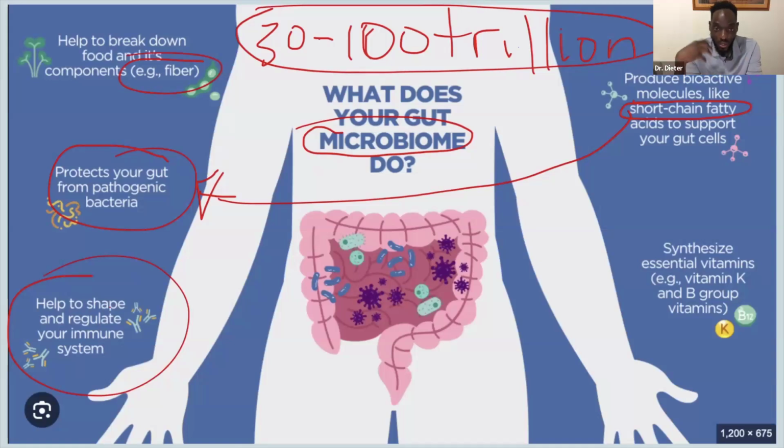The other 30% resides in the bone marrow, the lymphatics, the lymph nodes. So this 30 to 100 trillion bacteria that reside in the gut have one very important function: to train the immune system on how to react. The immune system is our defense line. So when the microbiome is healthy, it gives the immune system a healthy training. A healthy training will look like this. Hey, immune system, you see that bacteria there?